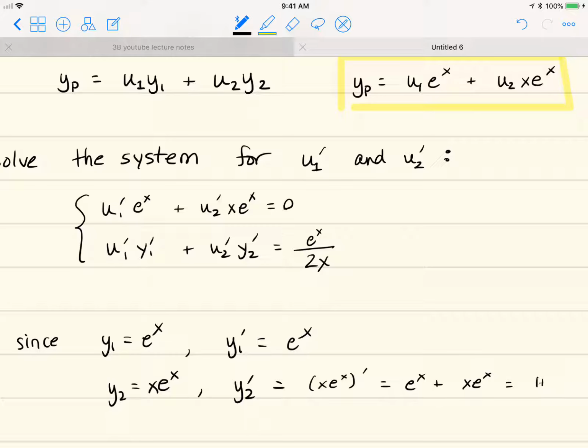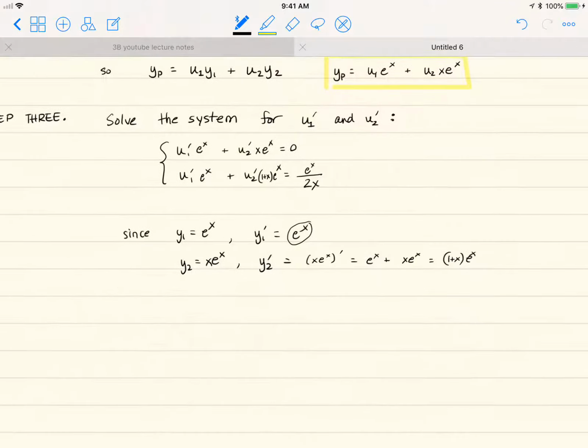We can rewrite this as just 1 plus x times e to the x. Okay, so I'm going to replace y1 prime with e to the x, and I'm going to replace y2 prime with 1 plus x e to the x. Now I have my system that I'm ready to solve.